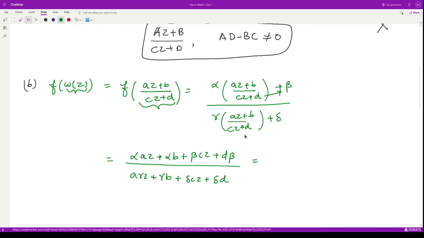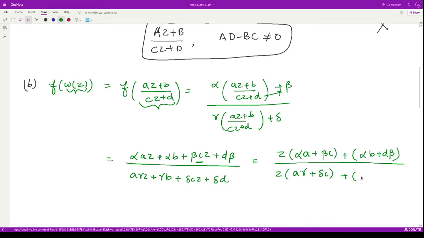So you see here we can take z common from the term alpha into a plus beta into c, and then we have the constant term alpha into b plus d beta. Similarly in the denominator we have z into a gamma plus delta c, and then we have gamma b plus delta d. So these are the constant terms.